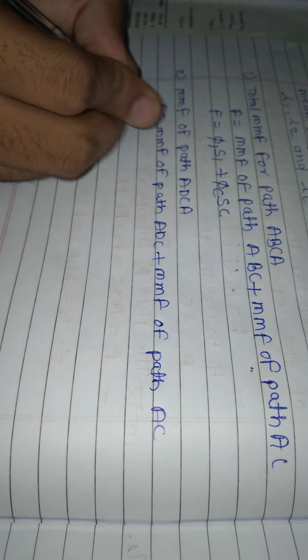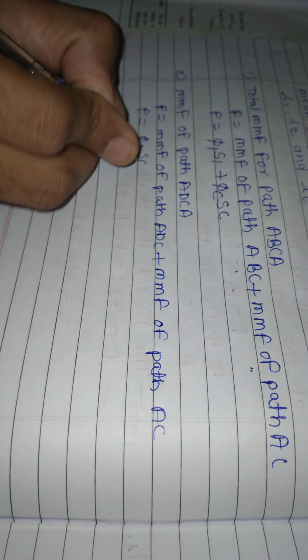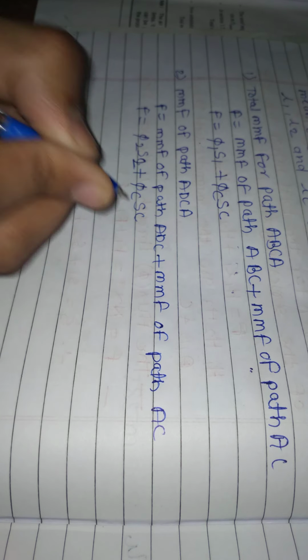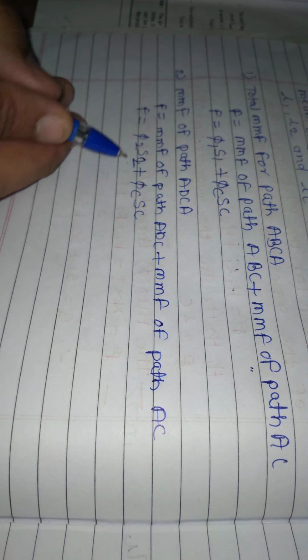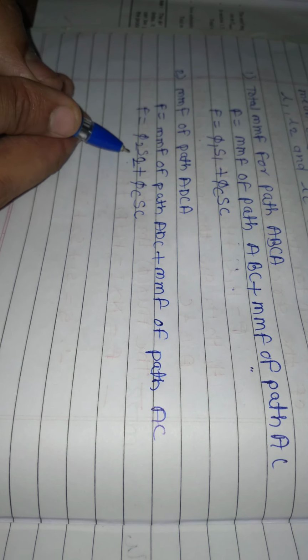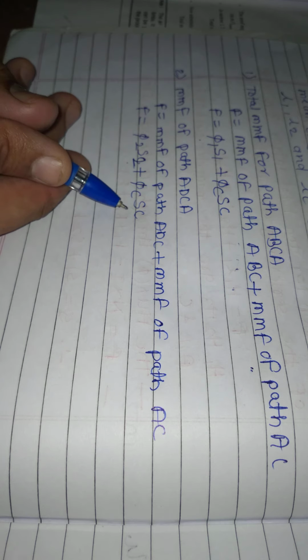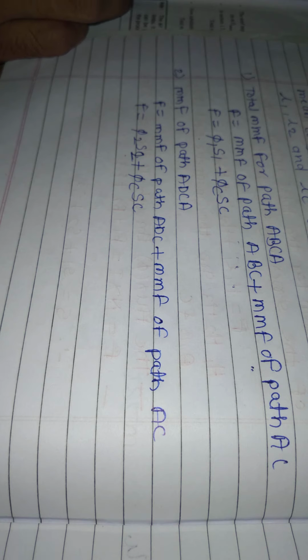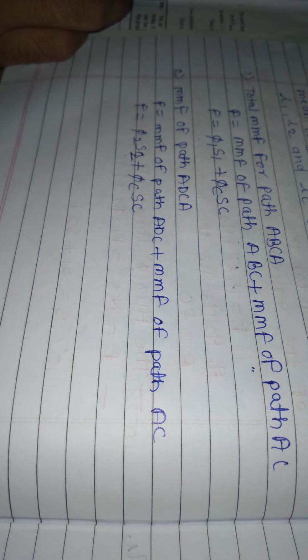So F is equal to phi 2 S2 plus phi C SC. Phi 2 S2 is for limb second and phi C SC for the central limb. This is because limb 2 and the central limb are in series with each other.